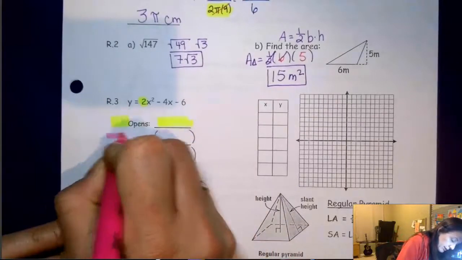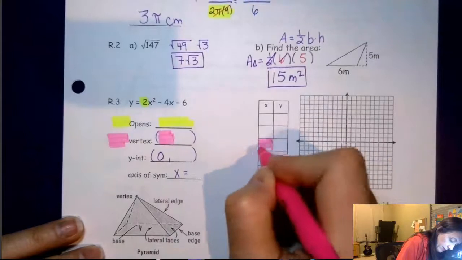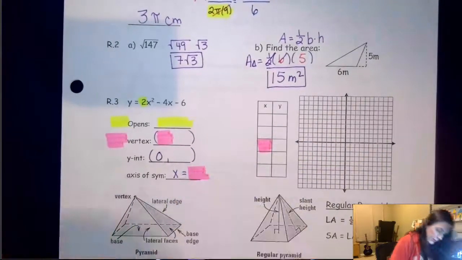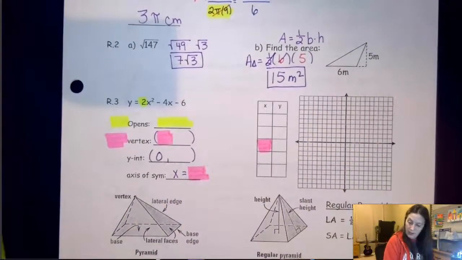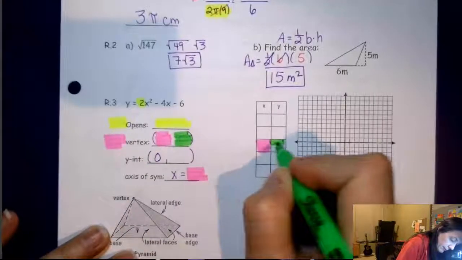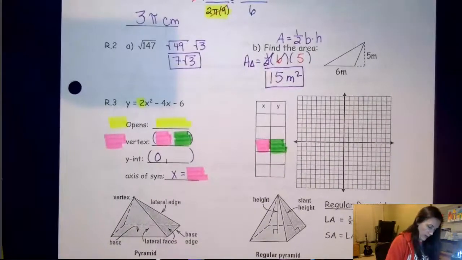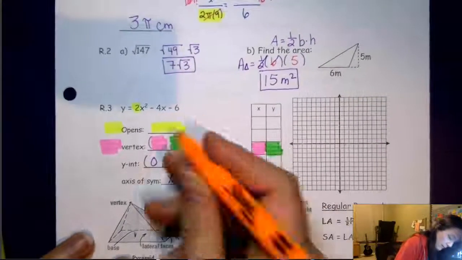Your vertex here is going to be in the middle, and it's going to be your axis of symmetry. I'm going to look for my y-coordinate here, and I'm also looking for my y-intercept.